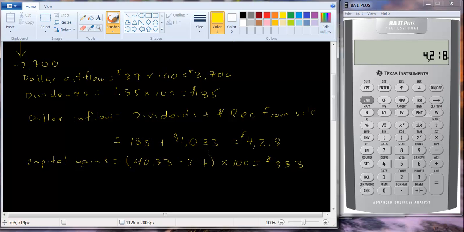Distinguishing between capital gains and dividends is important in large part because the U.S. tax system treats capital gains and dividends differently. It treats the income you receive differently. If you've been following some of the political debate, there's been a lot of argument that people like Mitt Romney, who are quite well-to-do and have a lot of money invested, Warren Buffett as well, pay a very low tax rate because much of their gains come from capital gains.